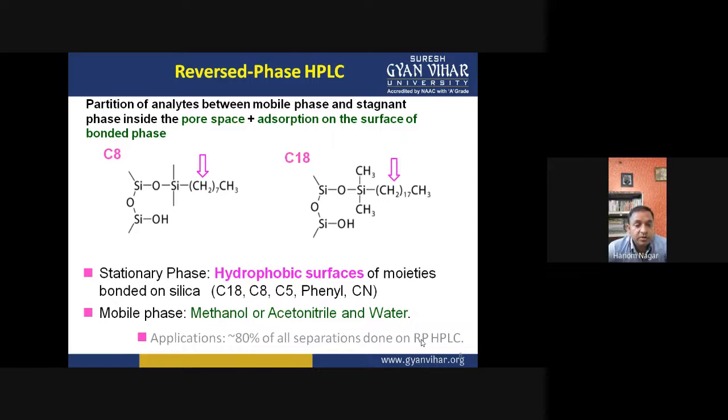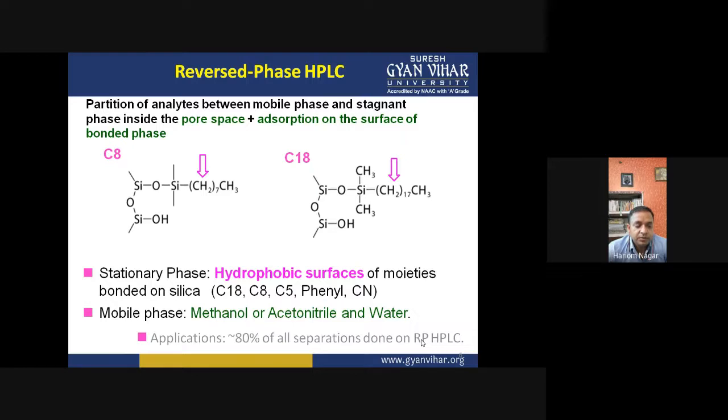Most of the research and quality improvement of compounds are done using reverse phase HPLC columns. Reverse phase HPLC columns can easily be prepared, and they are cheap and cost effective, with simple moieties and less sensitivity.